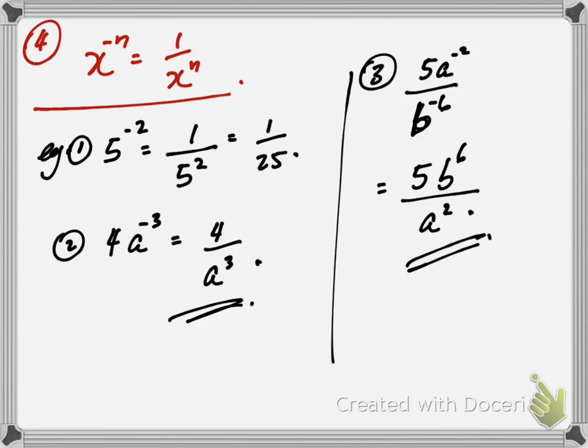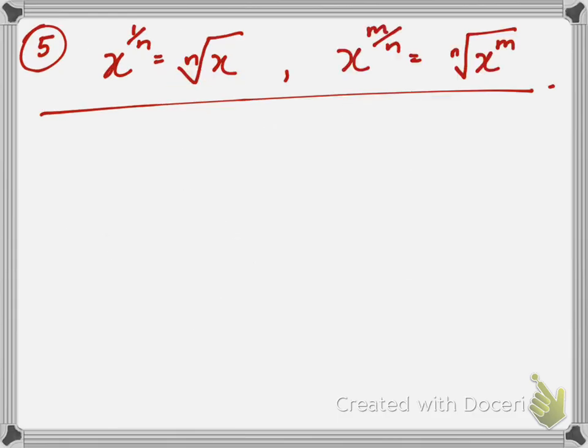So let's move on to the next one. The next law of indices is to do with roots and fractional powers. So if you have x to the power 1 over something, it's the nth root of x. For example, x to the power half is the same as the square root of x.